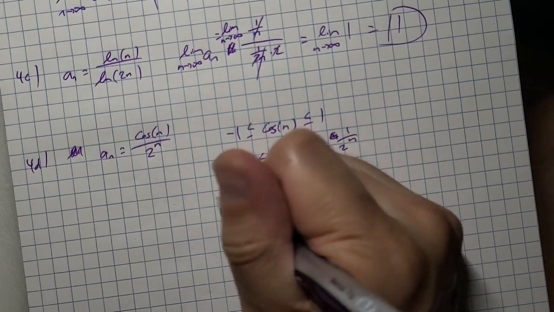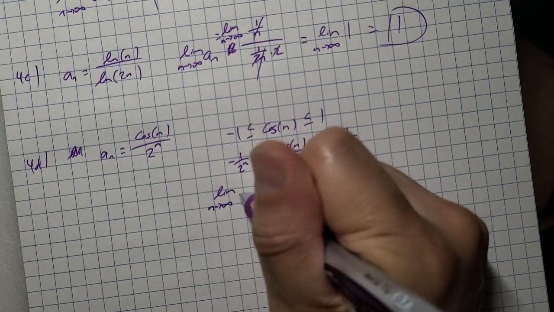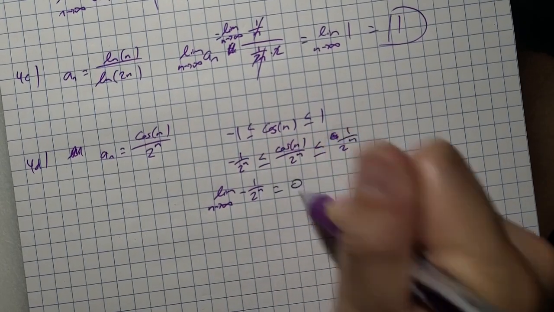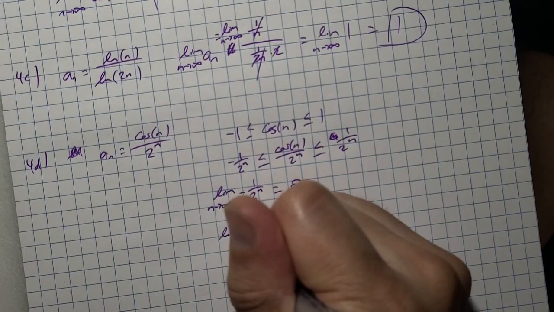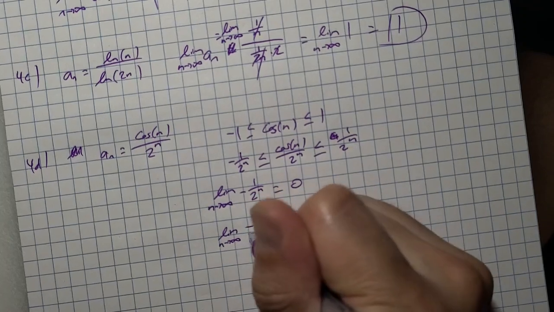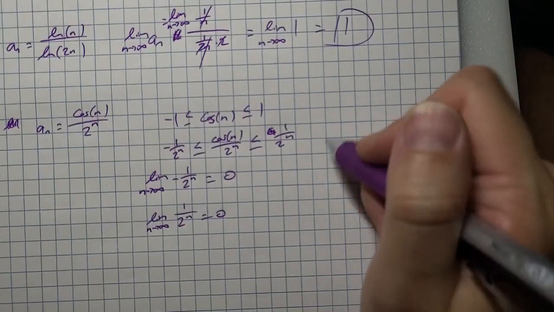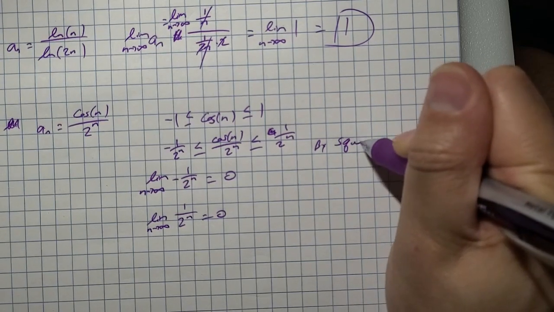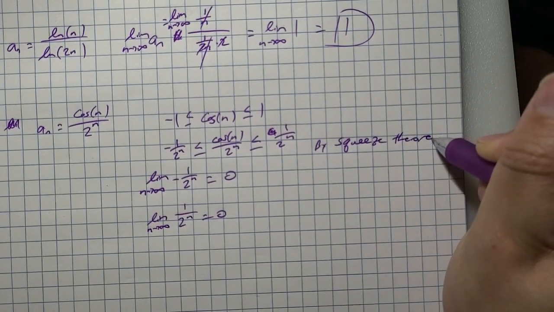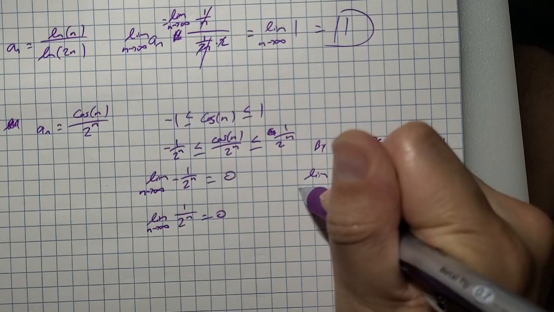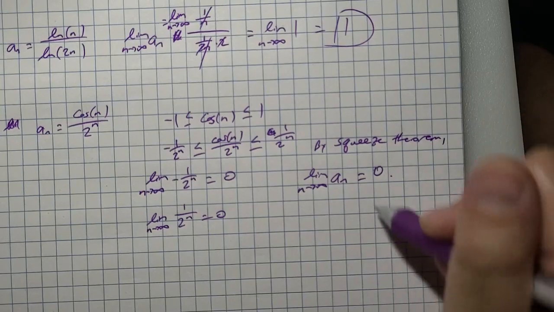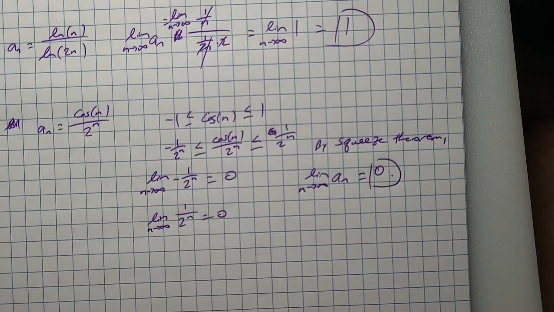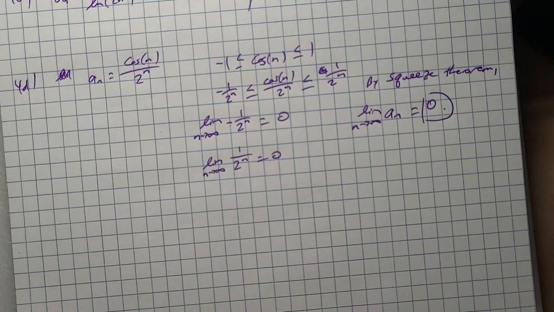Okay, we know that limit as n goes to infinity of minus 1 over 2 to the n, that's simple, that's 0, because the bottom gets bigger and bigger. Limit as n goes to infinity of positive 1 over 2 to the n, that's also 0. So by squeeze theorem, limit as n goes to infinity of a sub n is also equal to 0. So it converges to 0. Okay, that's how we solve that one.